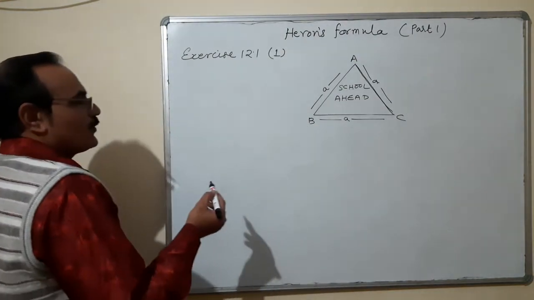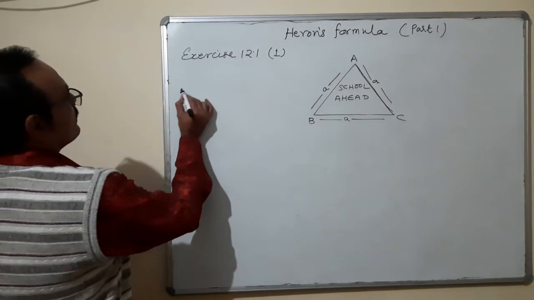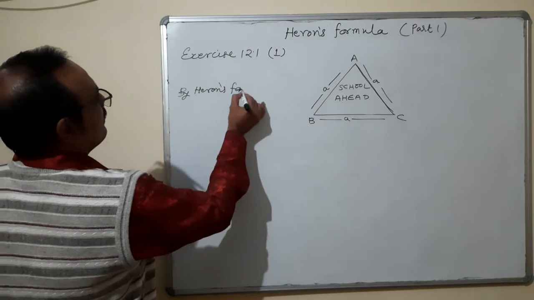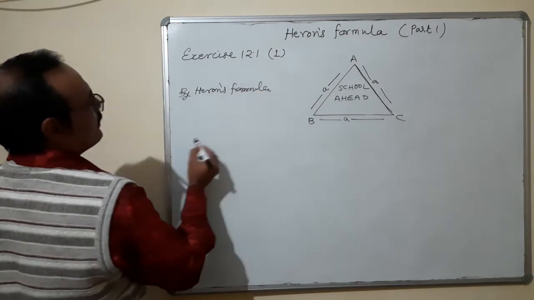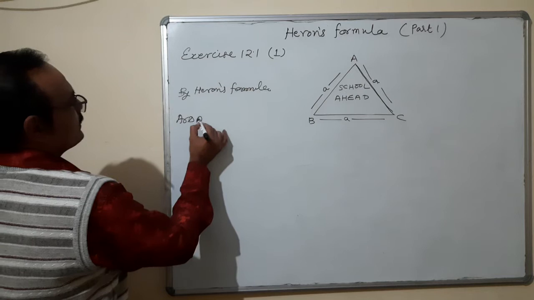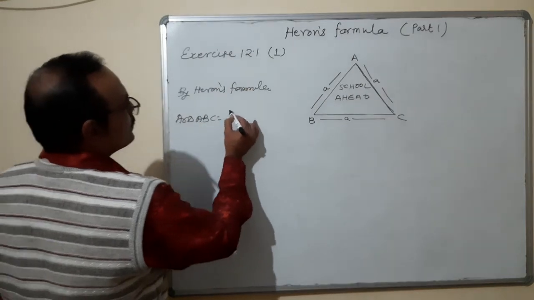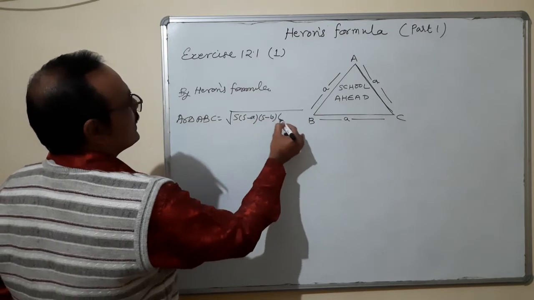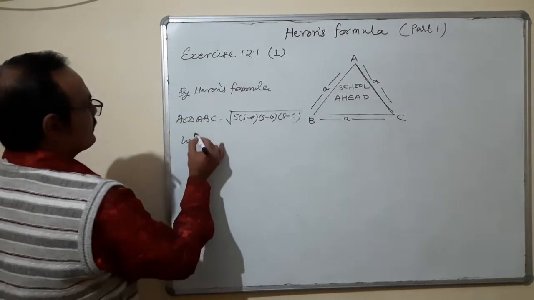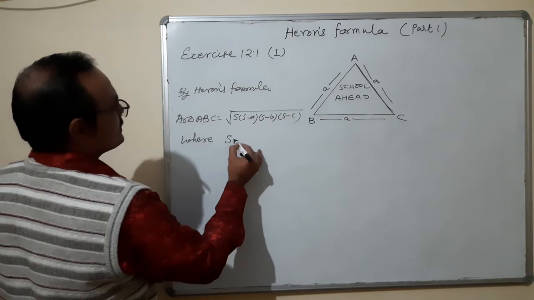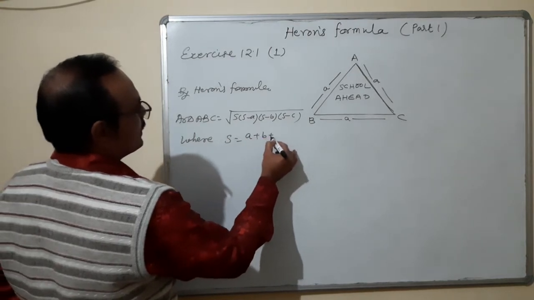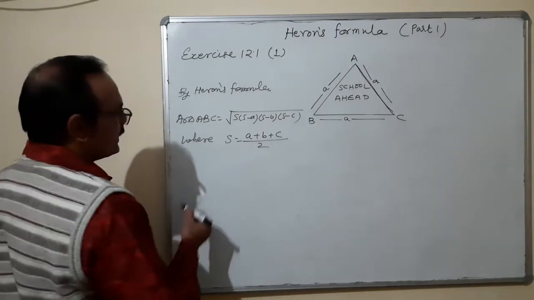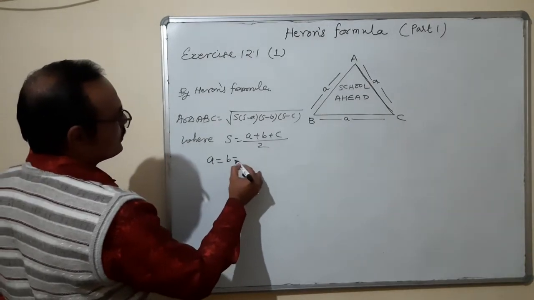Okay, so number one, using Heron's formula, area of triangle ABC is equal to the square root of S into (S minus a) into (S minus b) into (S minus c), where S is equal to (a plus b plus c) by 2. But one condition is here: since it is an equilateral triangle, therefore a is equal to b is equal to c.